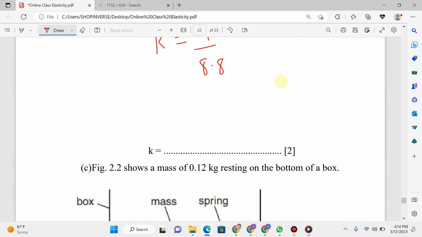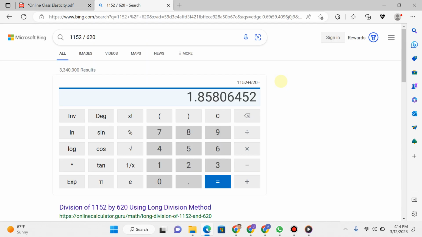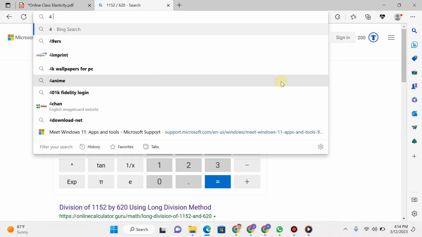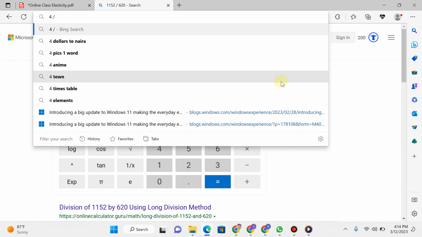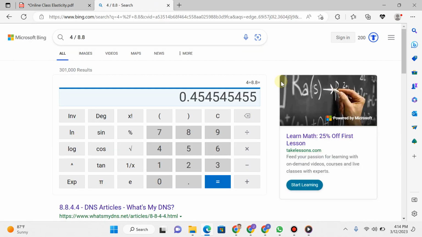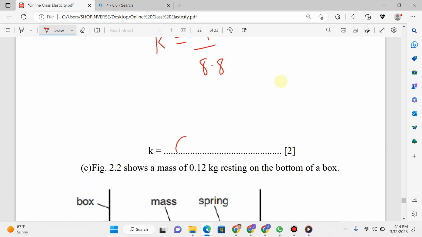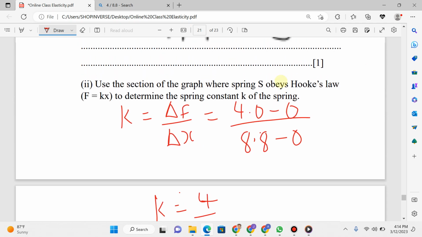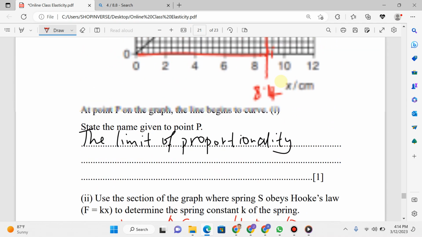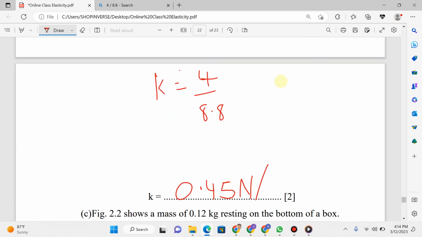Hence, we have our k to be 4 divided by 8.8, and this gives us 0.454555, approximately 0.45. Newton per what? Newton per centimeter.